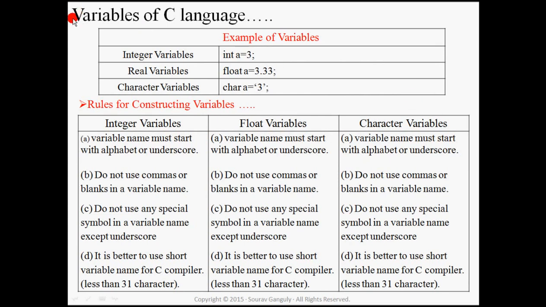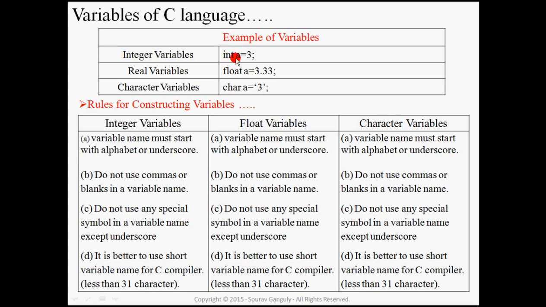Now come to the next point, variables of C language. What is a variable? A variable will hold the constant value to execute any program. That means here A is a variable.